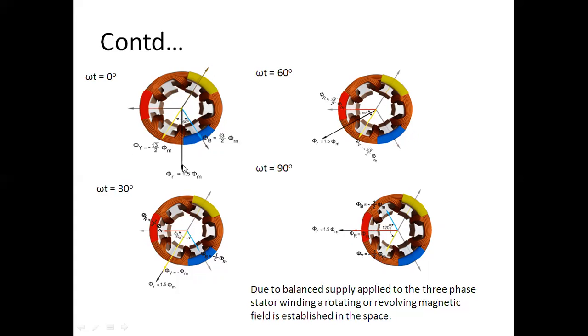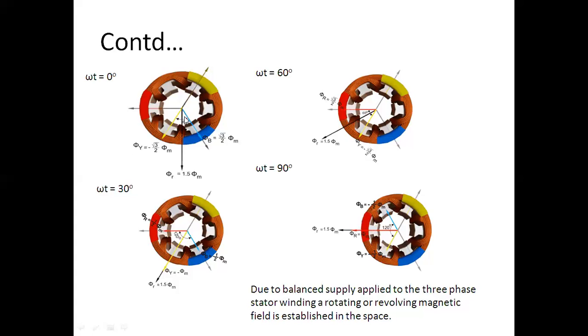But from that initial position, it is rotated in the clockwise direction by an angle of 30 degrees in each case. So it is clear that the magnitude of the resultant flux will remain the same, but it is rotating in a clockwise direction by an angle of 30 degrees for different values of omega t.